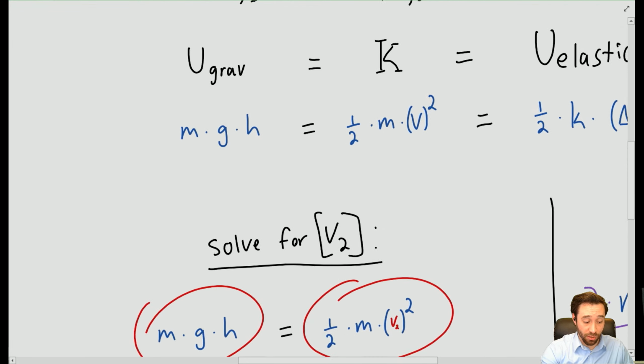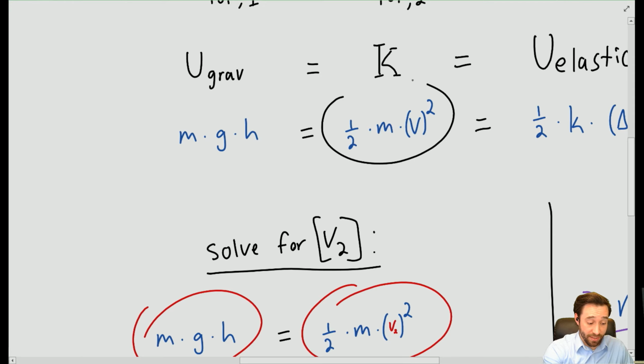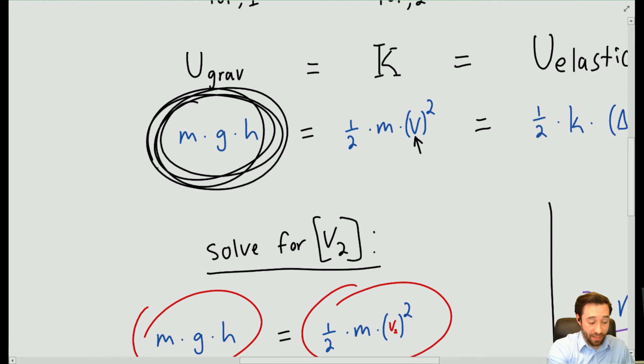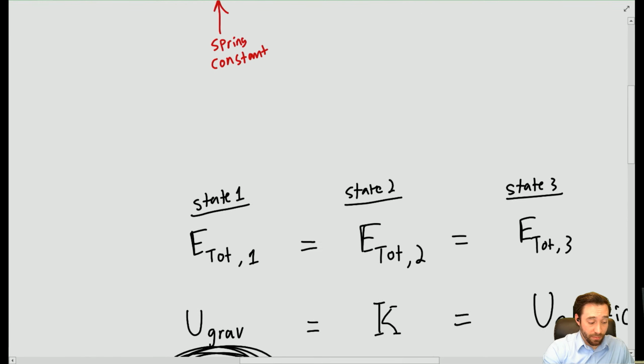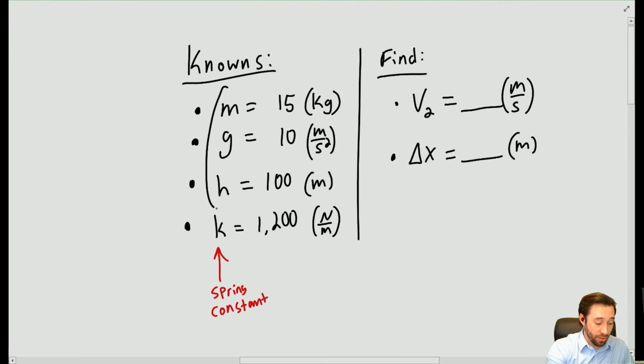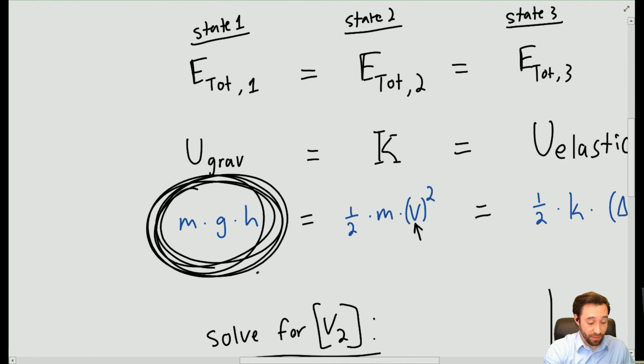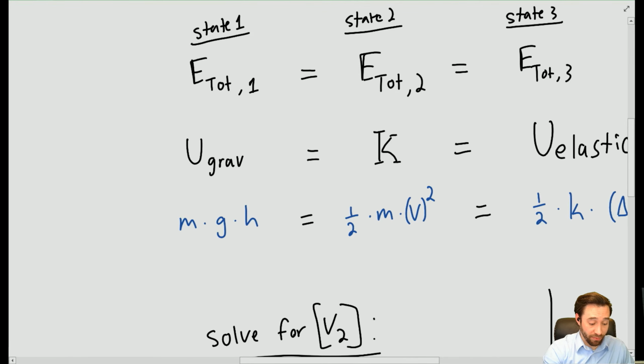So I needed to solve for V2, which is the velocity at state 2. So that's state 2. This is the velocity. I know everything that's in this. I have M, G, and H right here. So there's no unknowns in that energy state. So I set this one equal to this, and then I solve for my unknown. That's how I got V2.